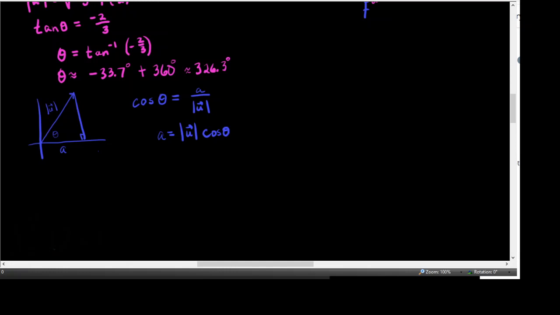Using similar reasoning, we can find B, because that's the opposite side from the angle, and of course the magnitude of u is still the hypotenuse. And we know that the relationship there is that the sine of theta is opposite over hypotenuse, and solving for B gives us the magnitude of u times the sine of theta.